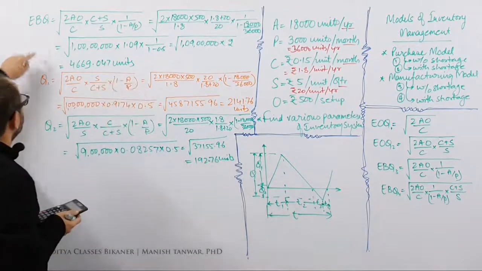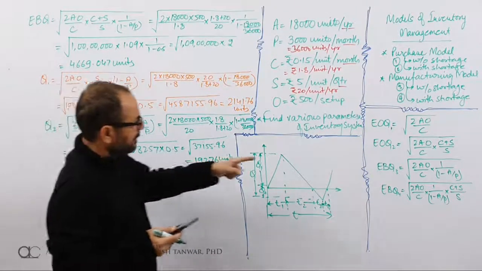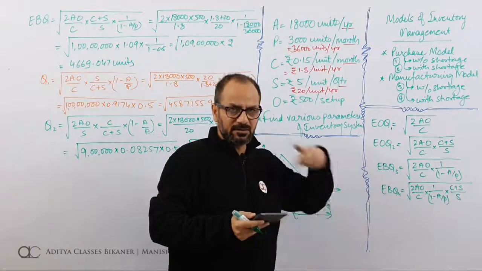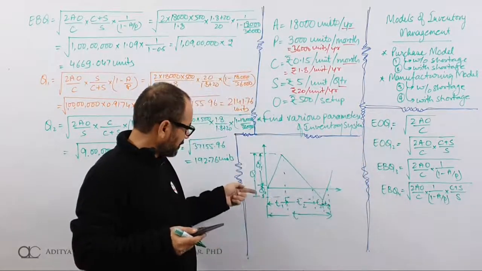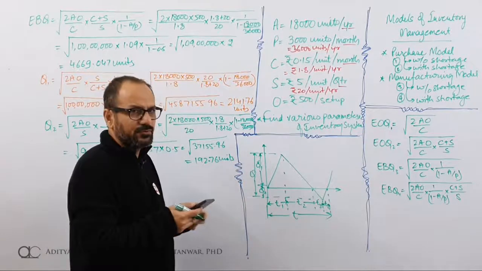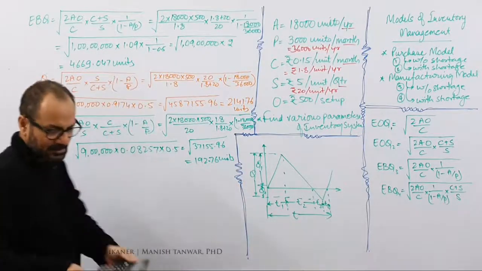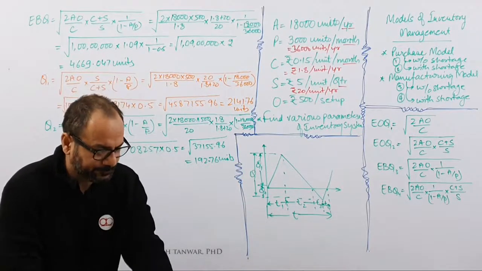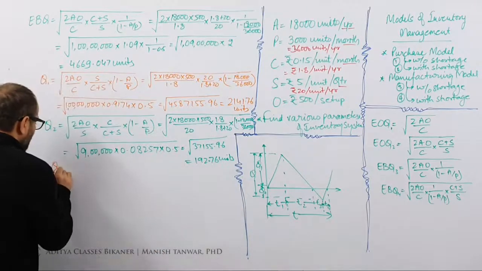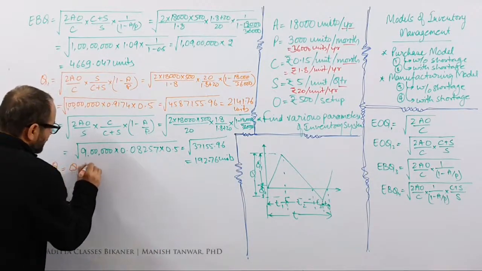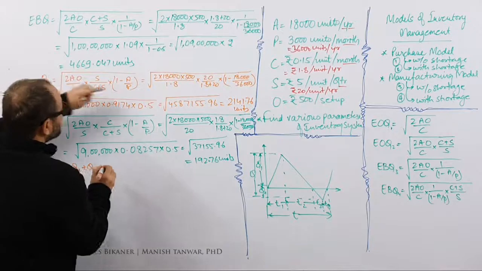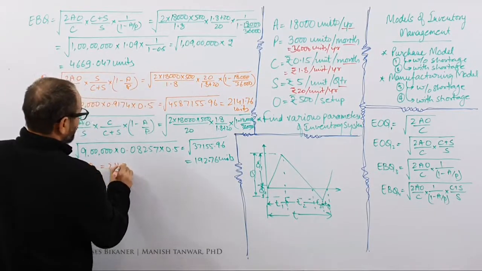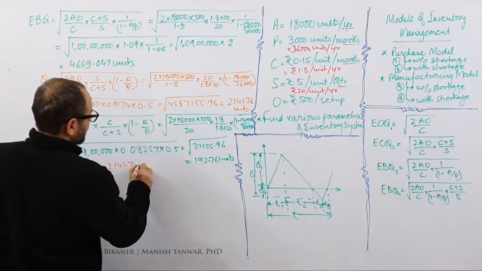So I have my EBQ, Q1 and Q2. We have EBQ, the economic batch quantity. We have Q1, we have Q2. If we add these Q1, Q2, we will get Q. Let us switch the pen once again. Q would be Q1 plus Q2. Q1 is 2141.76.